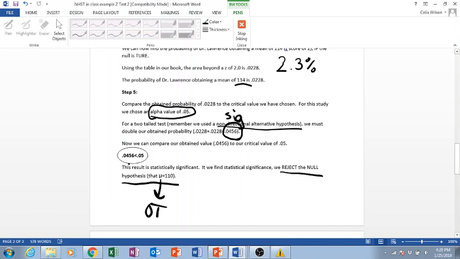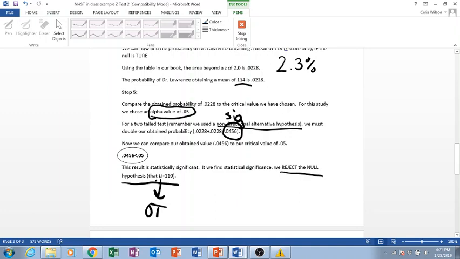So the probability of Dr. Lawrence obtaining a mean of 114 is 0.0456, which is really tiny. In fact, it's even less than our alpha level, or our critical value. Therefore, we're going to conclude that the null is probably not true.